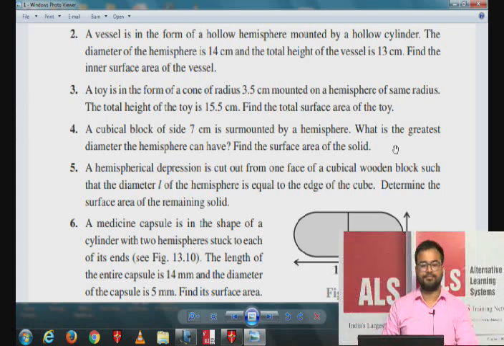Question number 2, all of you. And use the value of pi as 22/7.